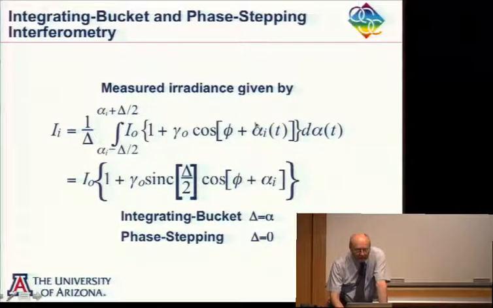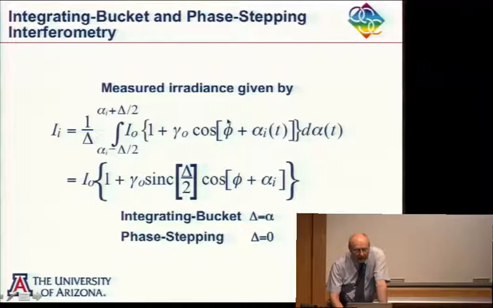So what we have is our two-beam interference fringes, and we have a phase that is varying with time, and we're integrating this intensity over some time or over some phase change.